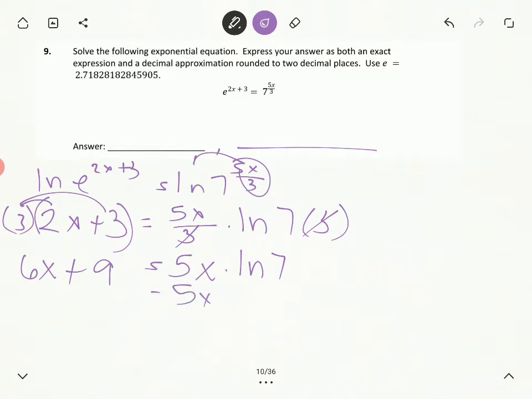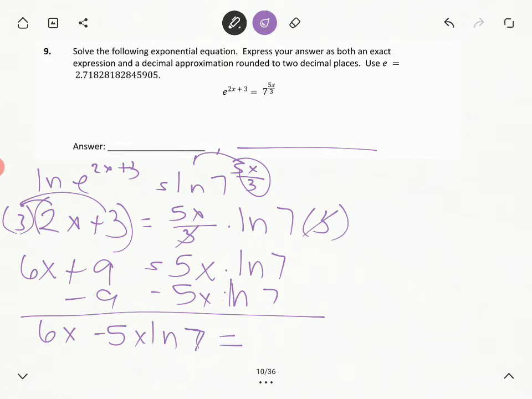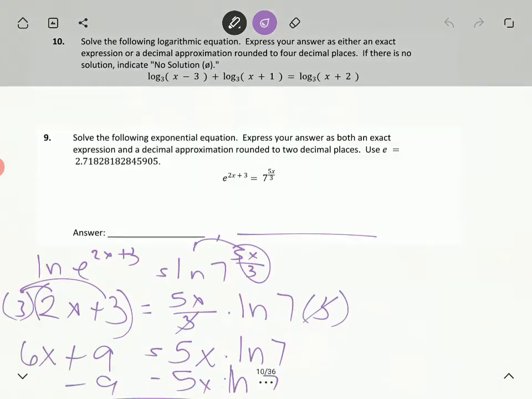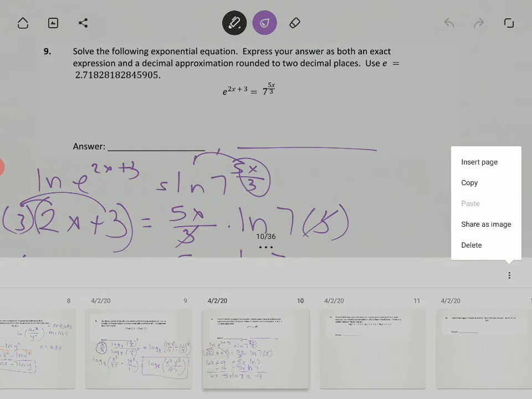Insert a page. So when we do that, we get x times 6 minus 5 times the natural log of 7 is equal to negative 9. And then we divide both sides by 6 minus 5 times the natural log of 7. And this is the answer until we stick it in a calculator.